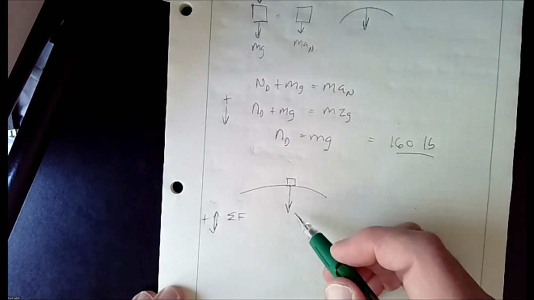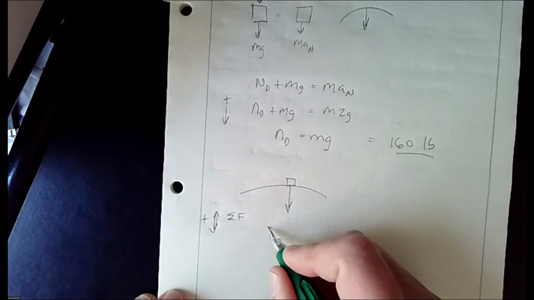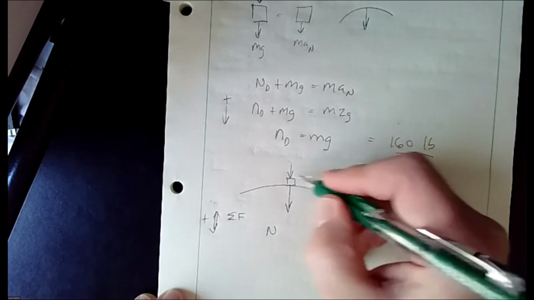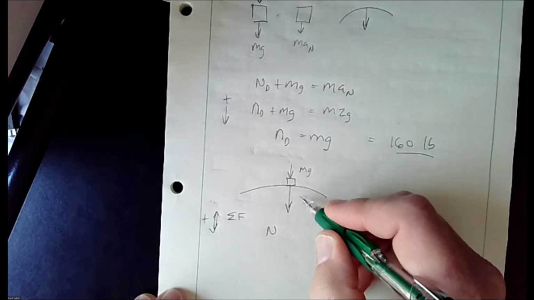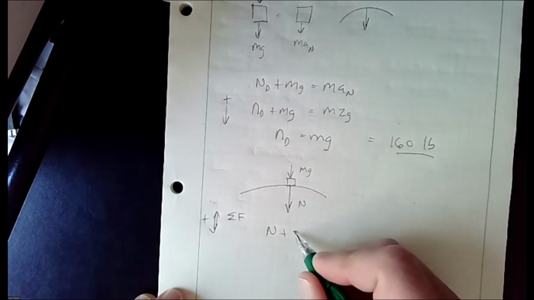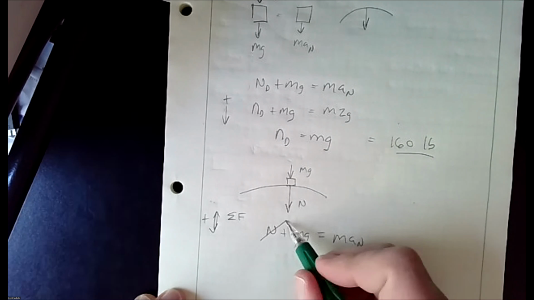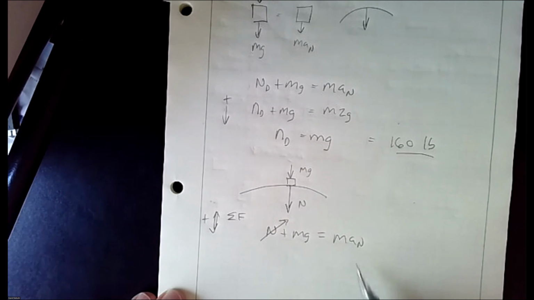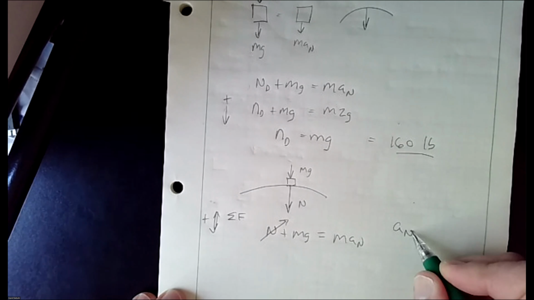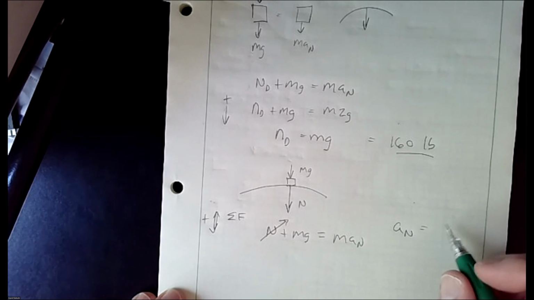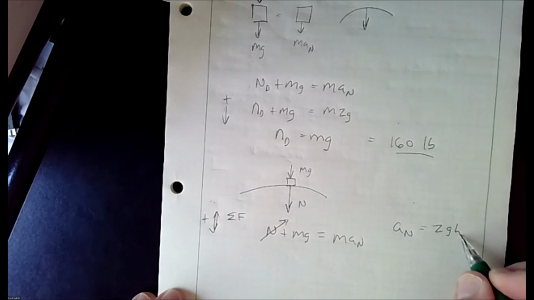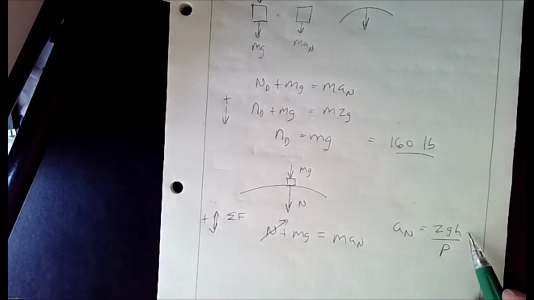So the normal force plus mg equals ma_n. Normal force goes to 0, and we know that a_n is equal to 2gh over rho. Remember, we're trying to solve for this.